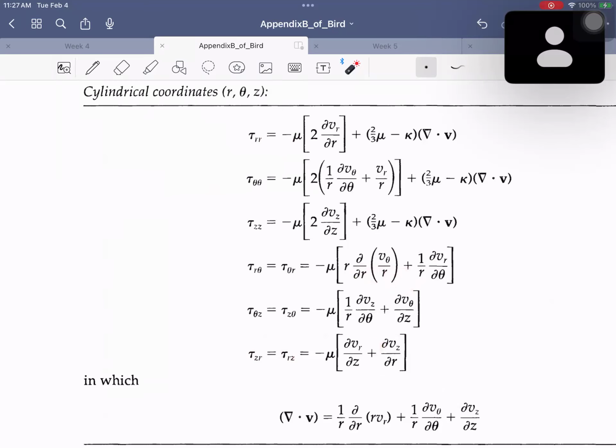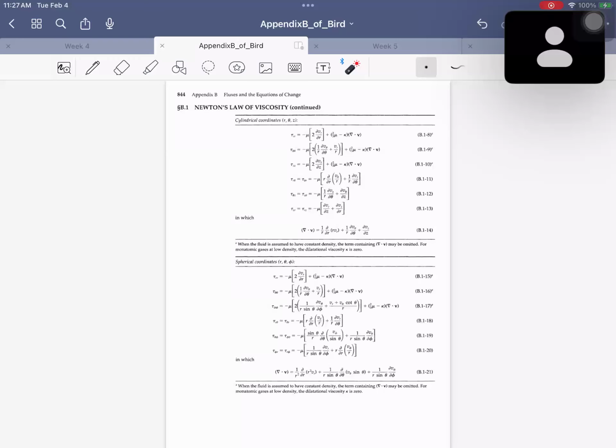So at the end, the answer is supposed to be the same if you do it correctly. I'm going to show you using the B5 equation and also the Navier-Stokes equation, to show that either one gives the same solution.